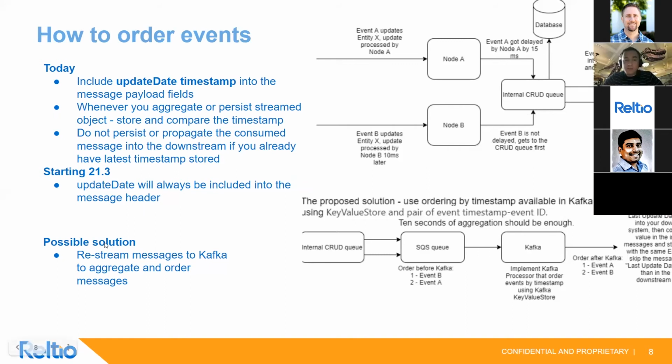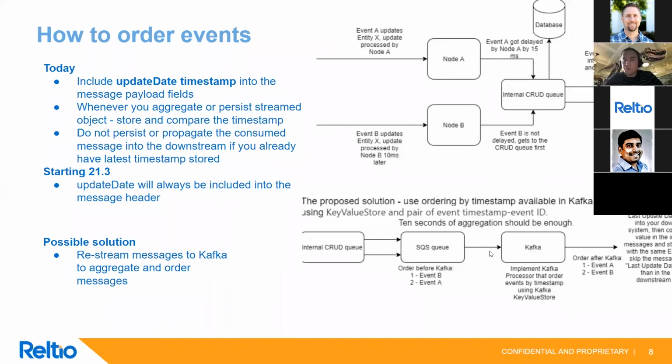Other options, for example, you can do aggregations in things like Kafka. Today, again, we don't support direct streaming to Kafka, so you'll have to restream from the SQS queue to Kafka. In Kafka, you can implement your own processor, and you can use a key-value store, which is Kafka specific.